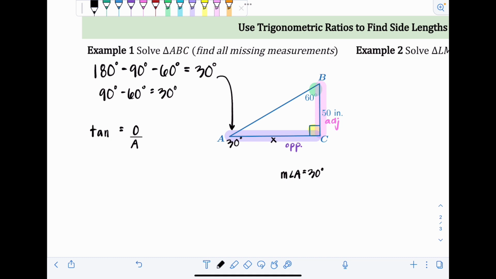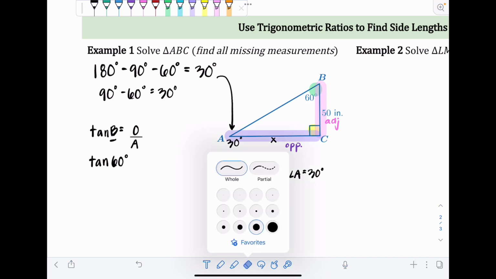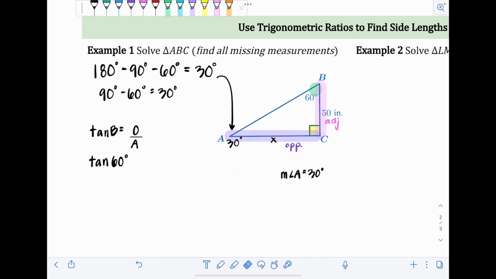And then I'll go ahead and put my degree measurement for my angle in next to tangent. So it'd be tangent of 60 degrees. So the angle goes right here. I could put angle B as well if that's a helpful guide. So tangent of B, but we know angle B is 60 degrees. So tangent of 60 degrees is equal to the opposite side, which is one we don't know, so we put an X there, over the adjacent side, which is 50.